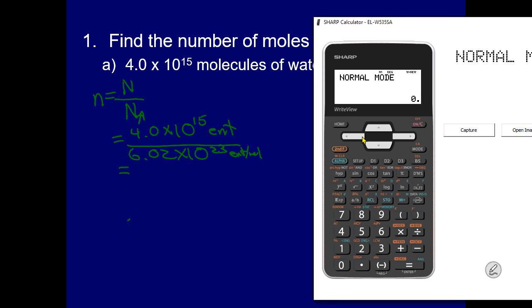Clear. 4.0 EXP 15 divided by 6.02 EXP 23 equals. Now notice here, this runs me right off the edge of the calculator.